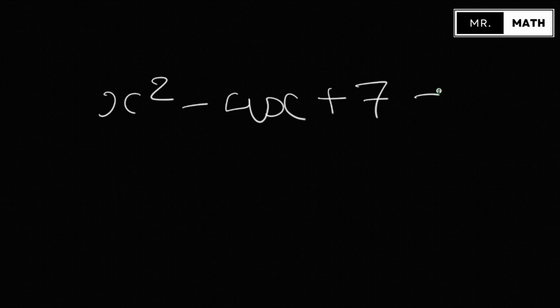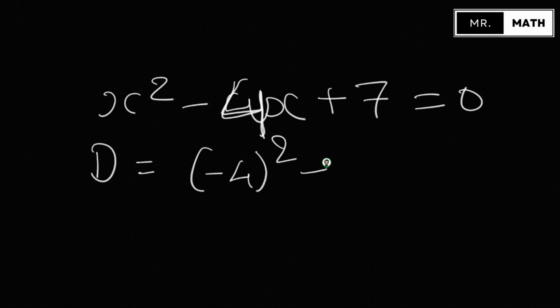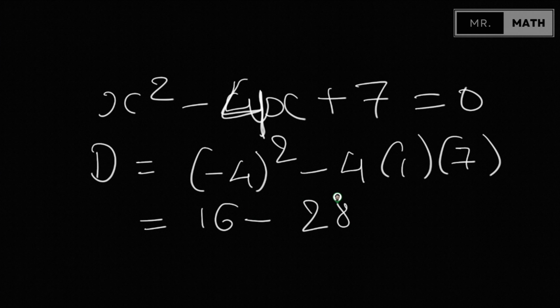I am writing a random equation here, plus 7. Let's calculate. So D is b square minus 4ac. b is minus 4, so b square is 16, minus 4 times a, which is 1, times c, which is 7, so minus 28. D is 16 minus 28, which is minus 12.